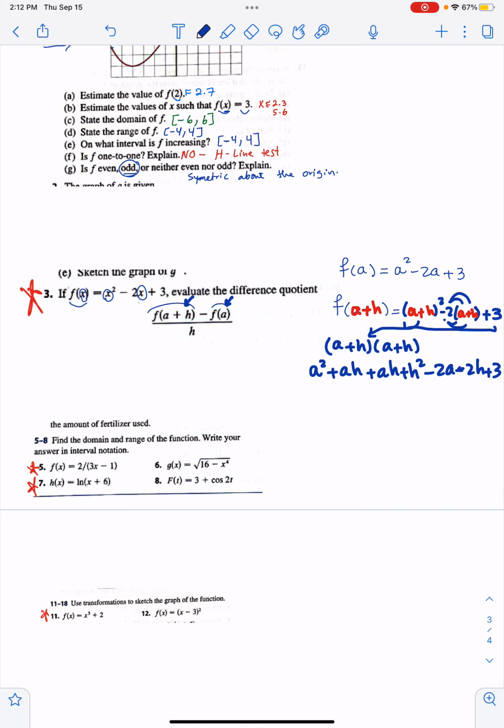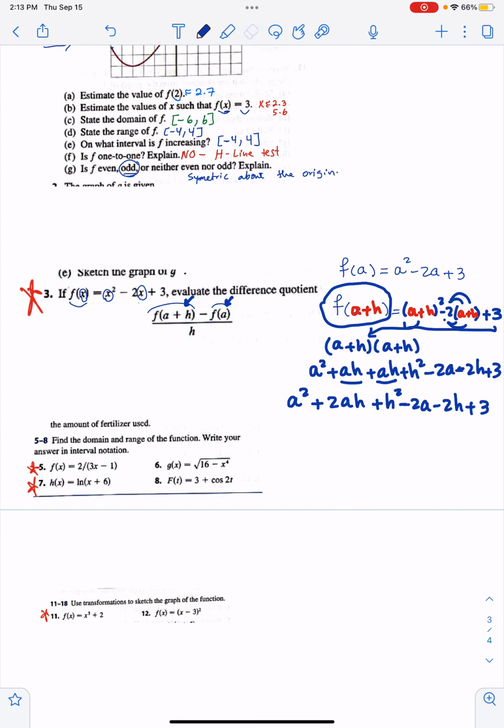So now you have a squared plus 2ah, combining ah and ah, plus h squared minus 2a minus 2h plus 3. So I was able to find f of a plus h.